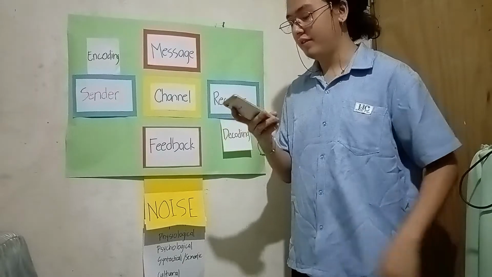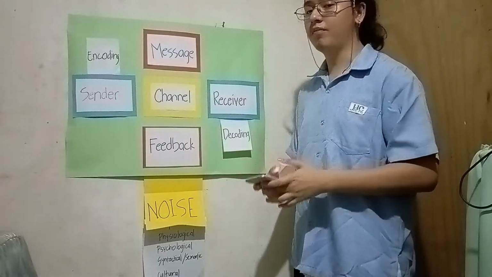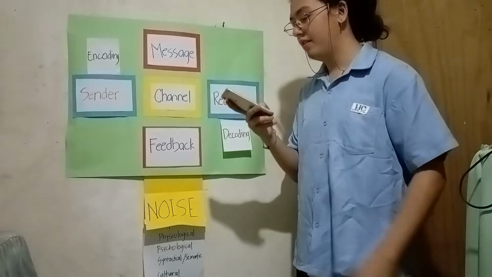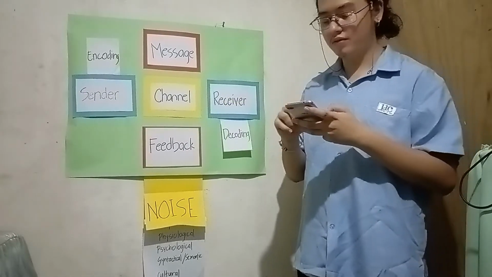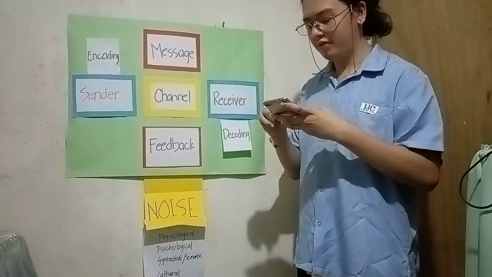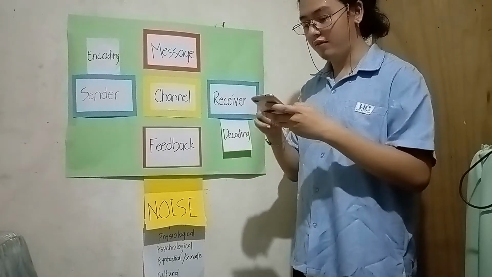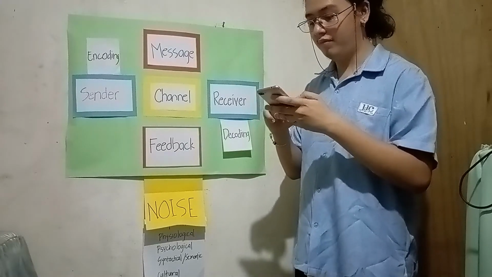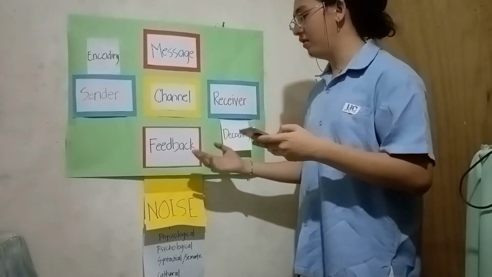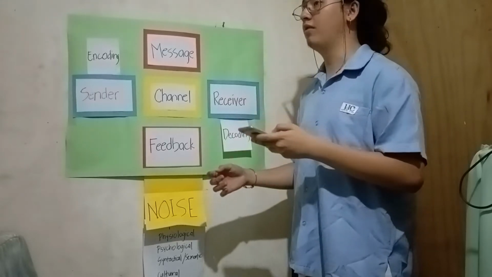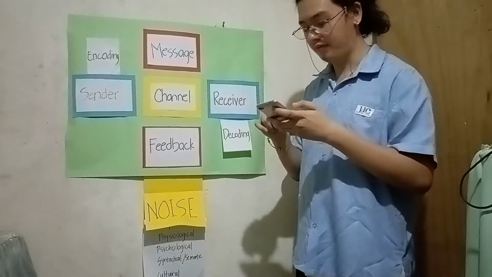Now that we have talked about the process of communication, I want you to open your ebooks in your phones and read more. Take a moment to read about the principles of effective communication.